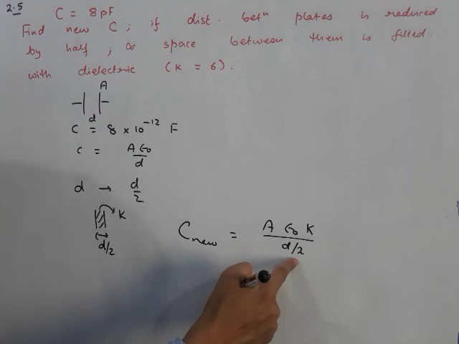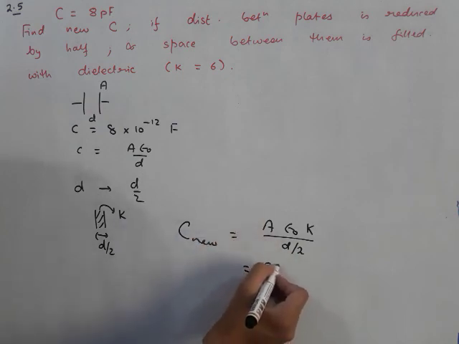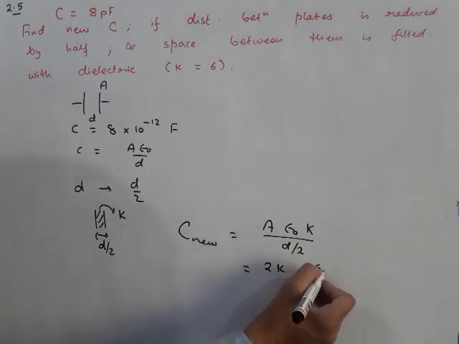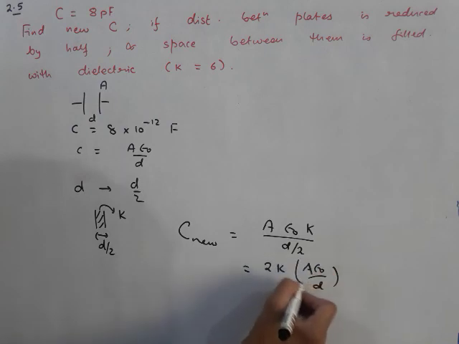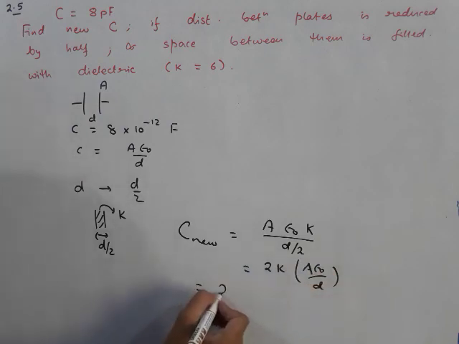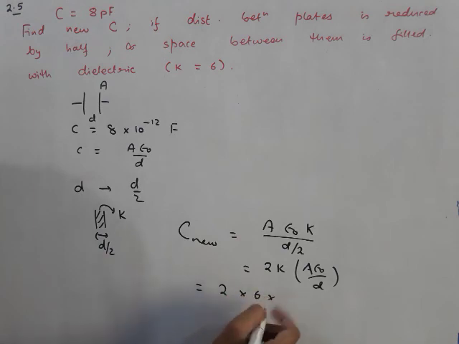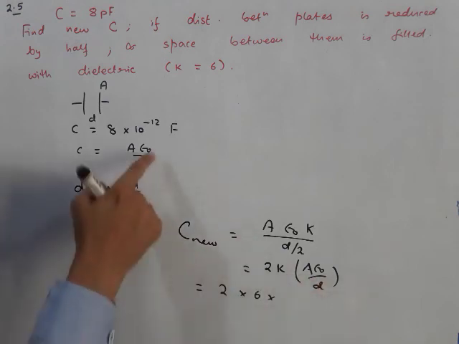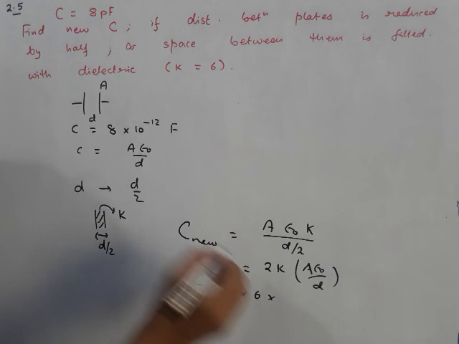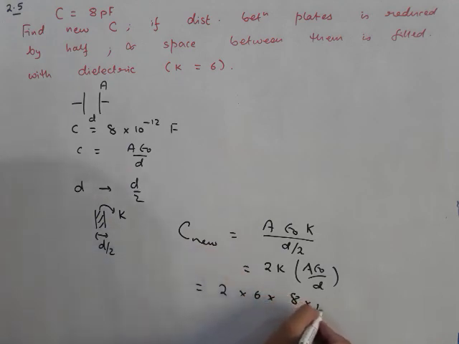This I can write as, this 2 will go up, so 2K times A epsilon naught by D. Can I write so? Yes. It is equal to twice of K. K is given as 6. And A epsilon naught by D is nothing but C, whose value is given to be 8 into 10 to the power minus 12 farad. This you can simplify, that is your answer.